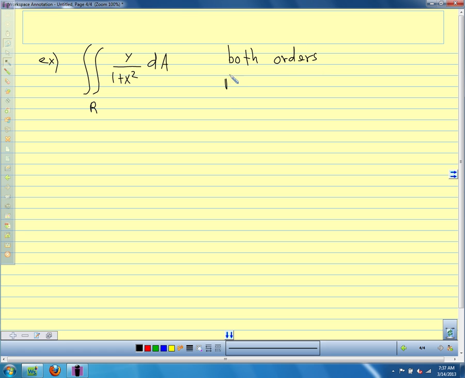And our region is bounded by y equals 0, y equals square root of x, and x equals 4. So often your problem will be set up this way. It'll give you this double integral that you're supposed to evaluate and just tell you what your region is.